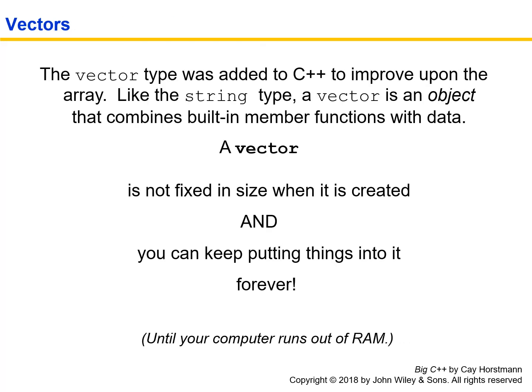Like the string type, a vector is an object, which means it combines built-in member functions with a place to store data. Because they have built-in member functions that manage the size of the array for you, a vector is not fixed in size when it's created, and you can keep putting things into it pretty much until your computer runs out of RAM, if that's an issue.